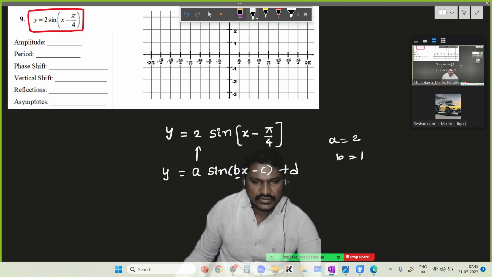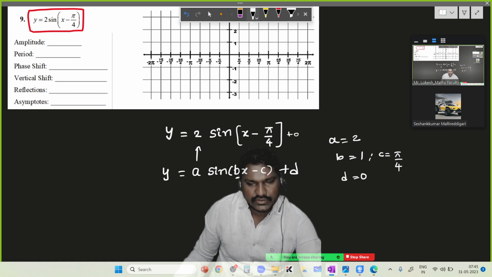So b is equal to 1, and c is equal to pi by 4, and there is no added constant here, so we take it as 0. So d is equal to 0. The first and foremost thing before solving the problem is comparing it with the standard form and writing all the coefficients a, b, c, d.